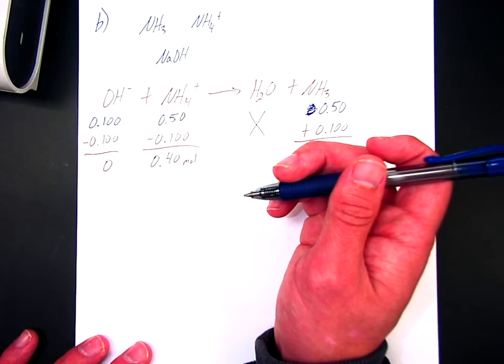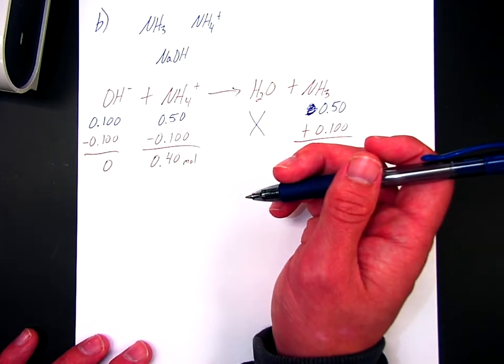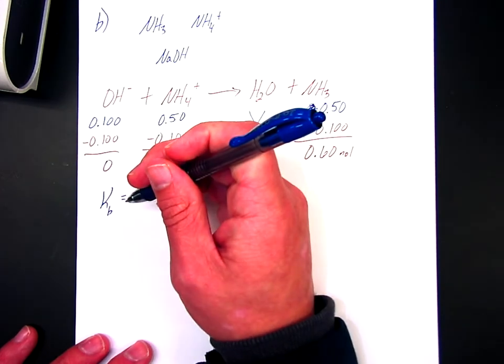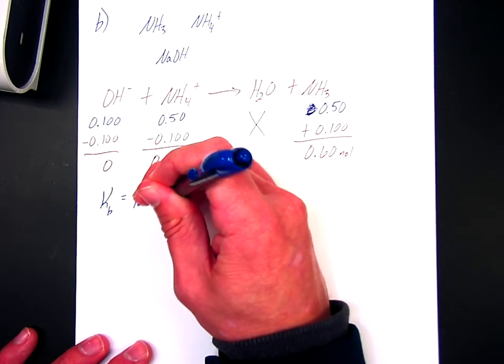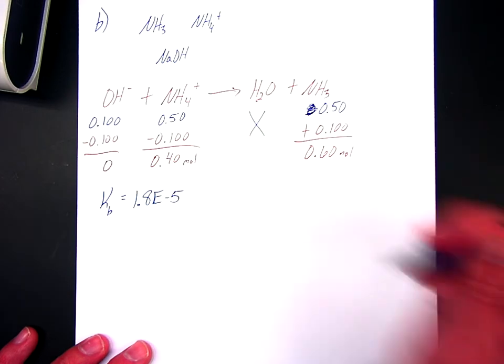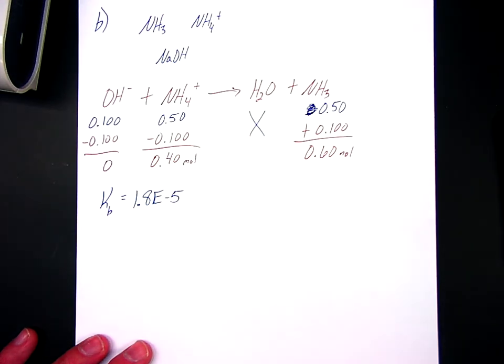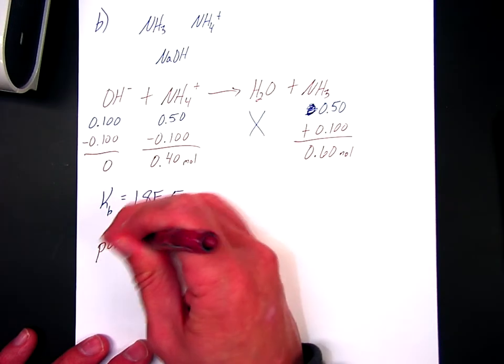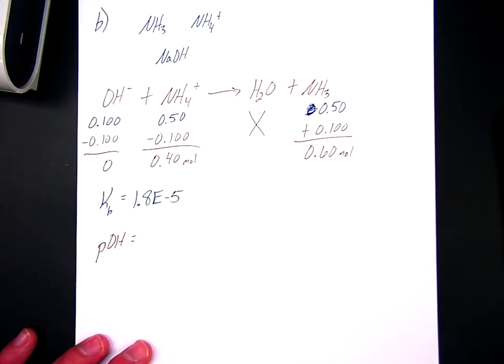Anyhow, the problem gives you a Kb of 1.8 E negative 5. So that's a given value that's important. And now we're able to move forward with Henderson-Hasselbalch. Now we're using Kb, so the equation is going to naturally give us pOH.